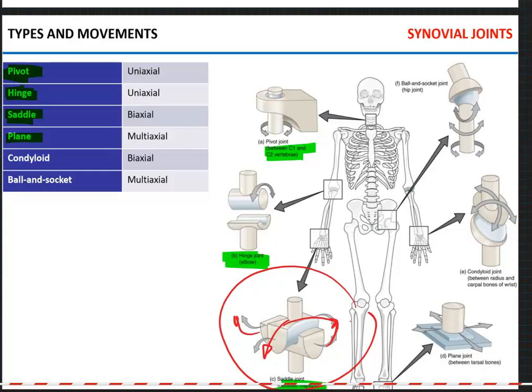Okay? Protraction, retraction. Also your tarsals and your carpals form gliding joints. Condyloid joints, radius and carpal bones, biaxial. And ball and socket, truly multi-axial joint, shoulder and the hip.